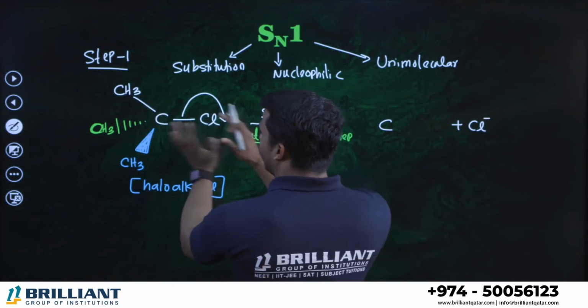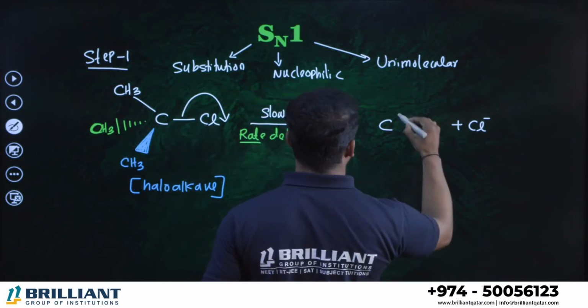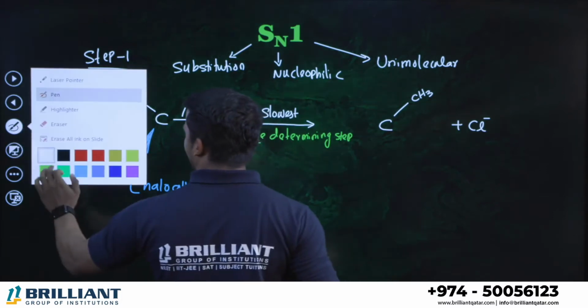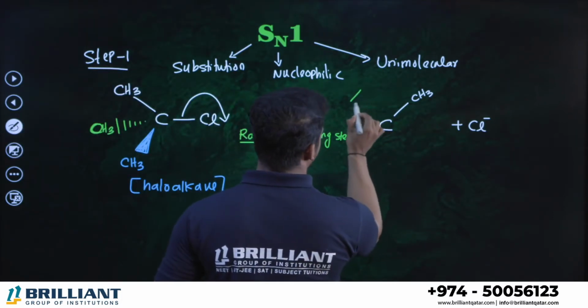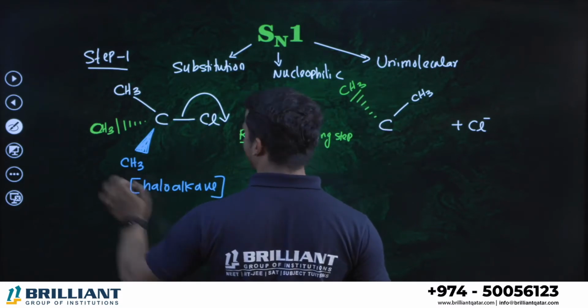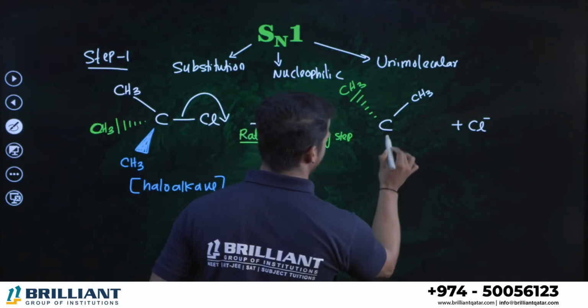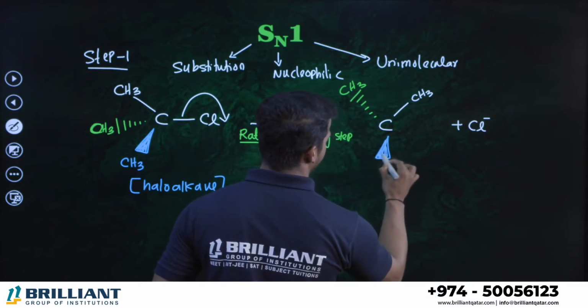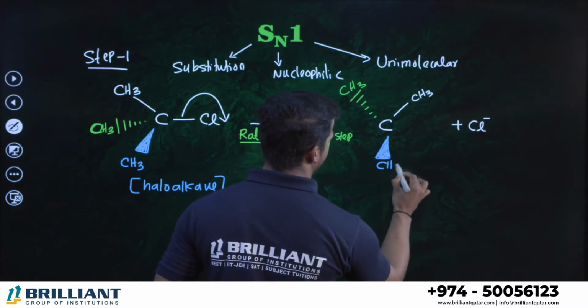When this chlorine leaves, it attains a relaxed state. This is the CH3 here, and we have a CH3 here on the dashed wedge, and the solid wedge we can draw like this. This is the representation.